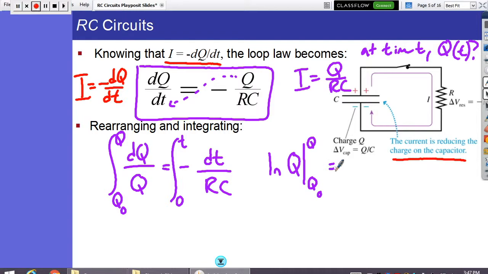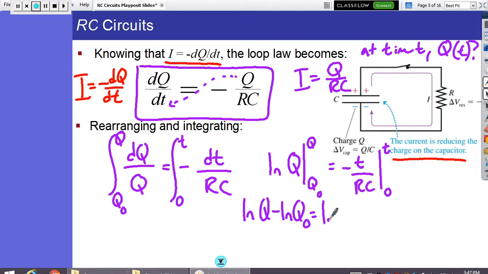And on the other side, dt is just t, so I'll end up with negative t over RC from time 0 to time t. On my ln side, if I do ln q minus ln of Q0, you might remember that that's equal to the natural log of q over Q0. And I plug in my bounds here, and I just get negative t over RC.